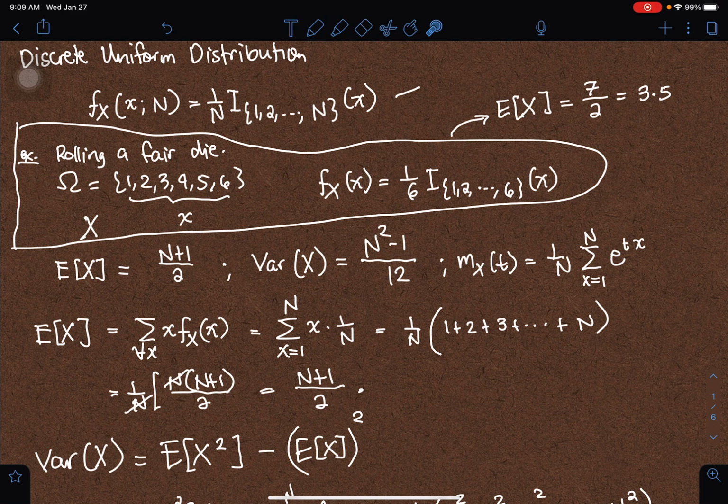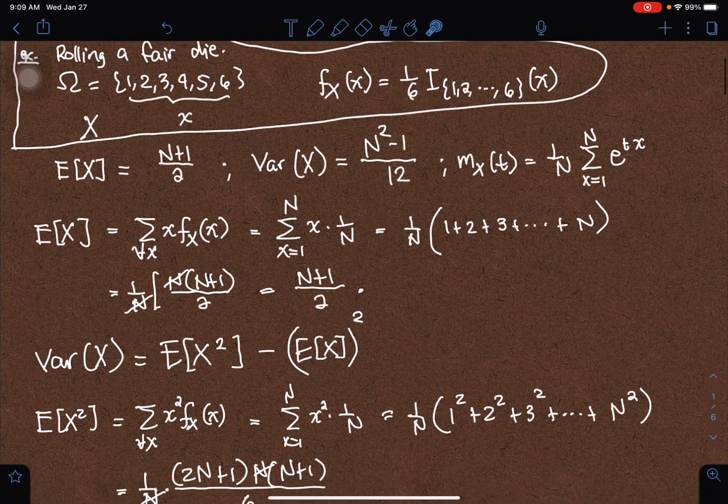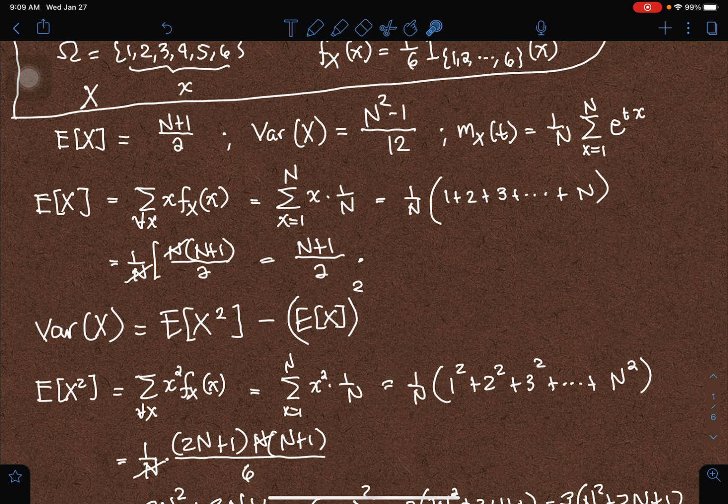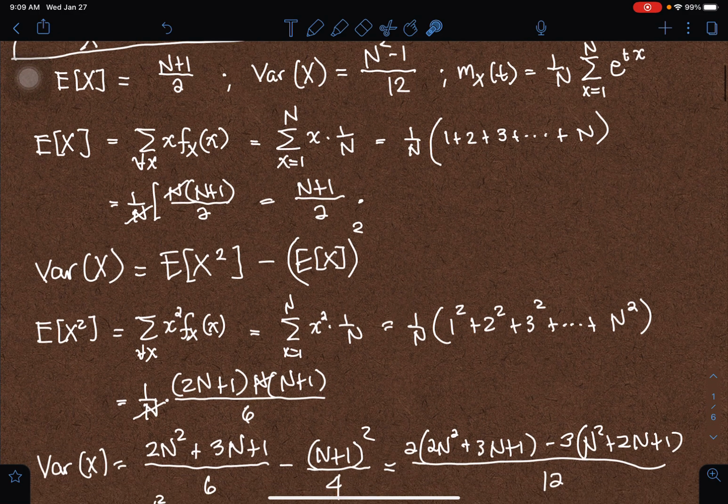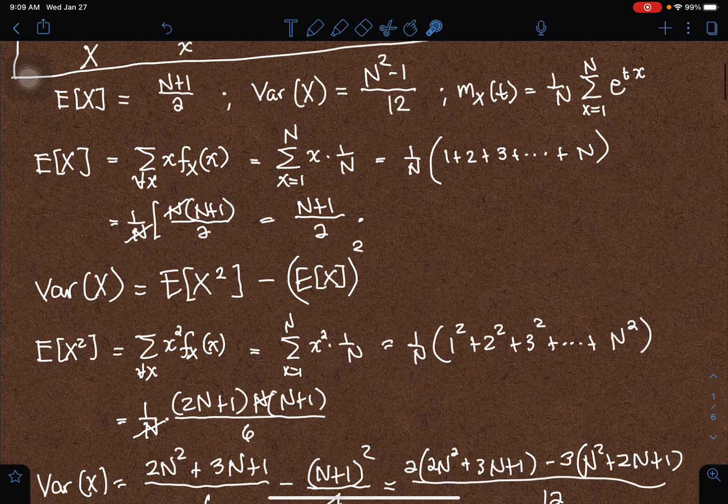We're now ready to derive the mean, the variance, and the moment generating function of a discrete uniform distribution. We will be deriving the case where the random variable has the parameter capital N. In other words, it has n possible outcomes.